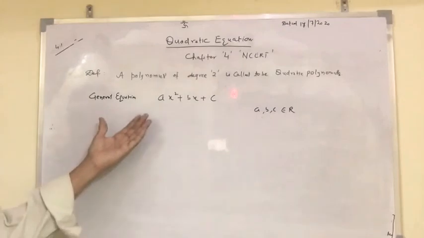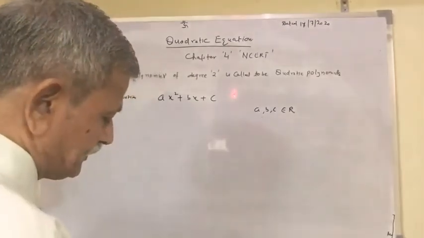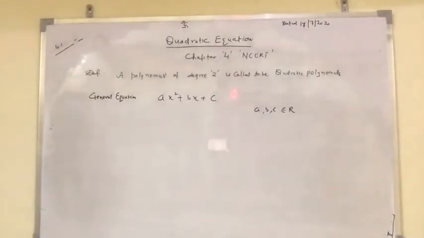So ax² + bx + c is our quadratic equation, also known as the general equation of a quadratic polynomial.